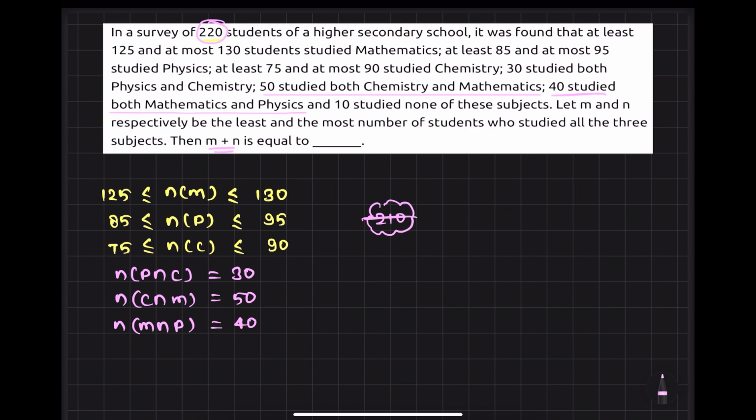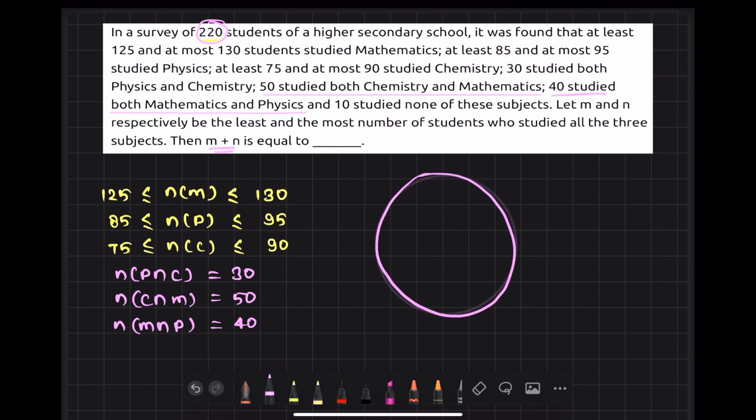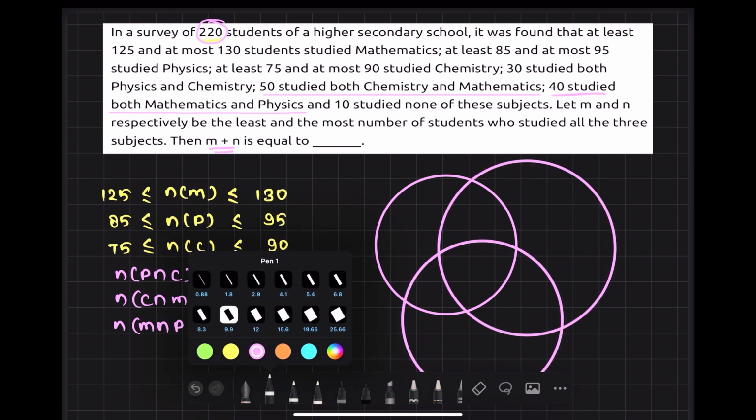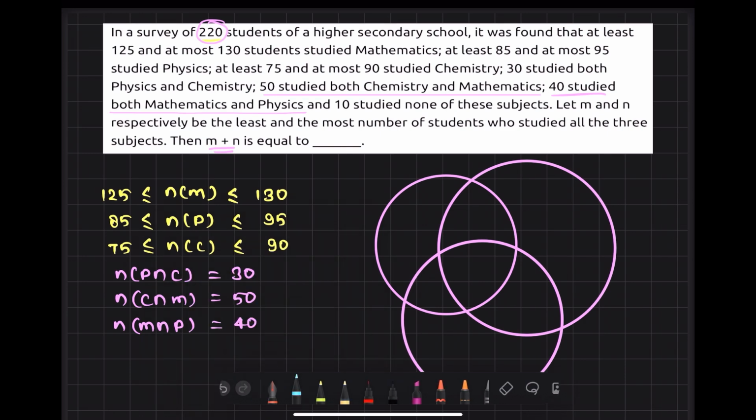The idea is there are three sets, correct? So we will draw three circles and start placing the numbers. Suppose there are x persons interested in all three subjects.